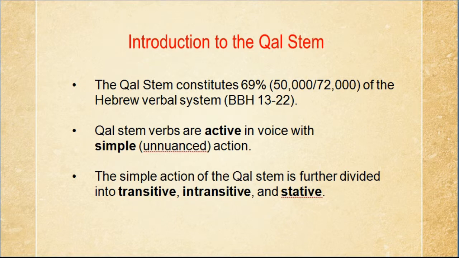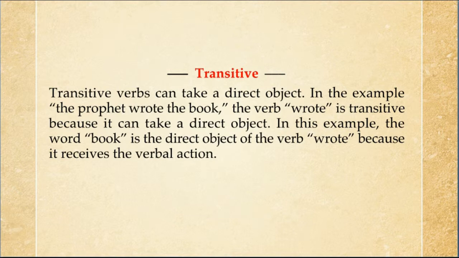So Qal is active and simple, meaning unnuanced. And the simple action of the Qal stem is further divided into three different groups, or three functions we can call them. But basically, there's transitive and intransitive and stative.